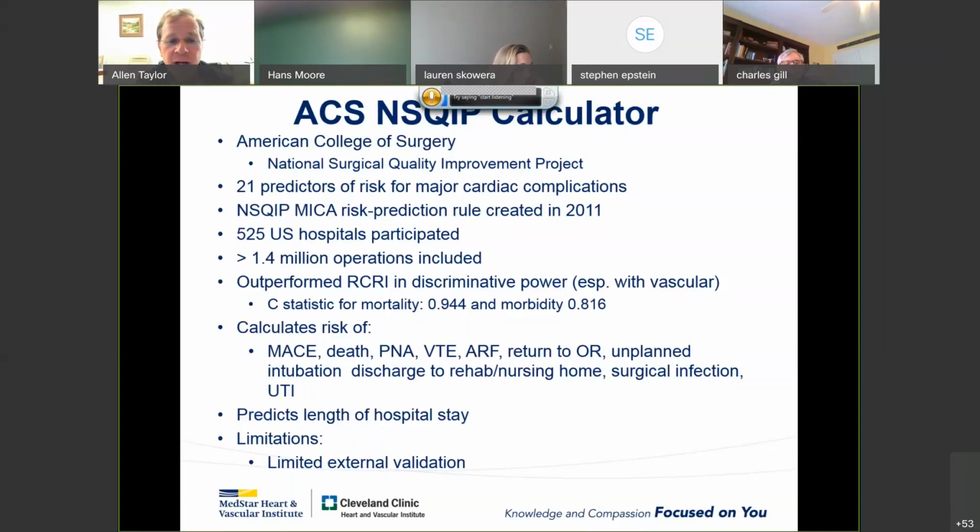Now, when evaluated, this NSQIP risk calculator, as I'll show you in a moment, actually outperforms the RCRI, and it calculates a host of outcomes, not just major adverse cardiovascular events, but also overall death, pneumonia, venous thromboembolism, acute renal failure, returning to the OR, and so forth. It also predicts length of stay.